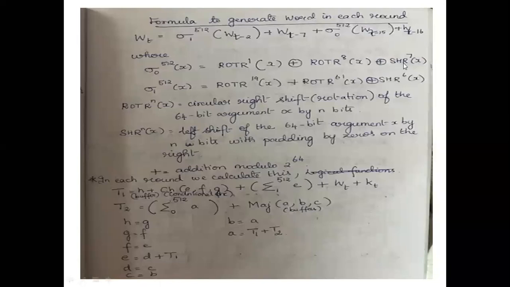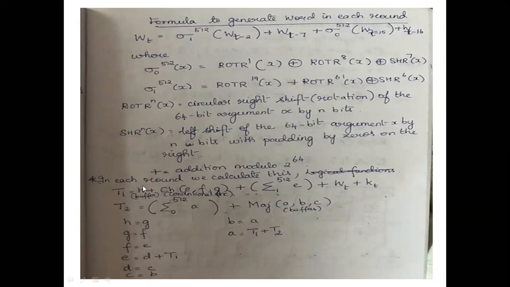That's XORed with the right shift of 7 bits. SHR is the shift. This is rotate right, this is shift right. Likewise, you have a formula for sigma 1 of 512. This is the formula. And this is the addition modulo symbol.